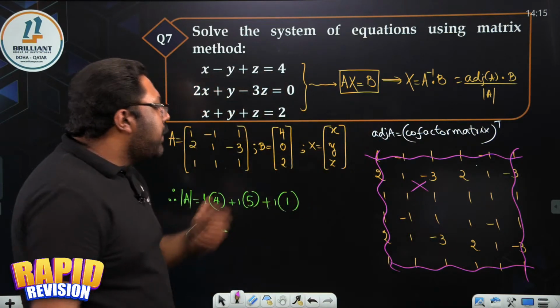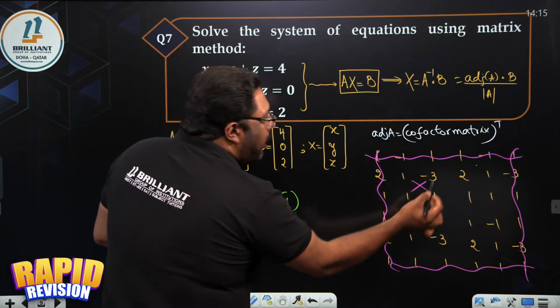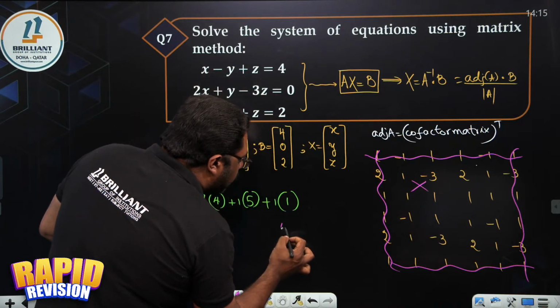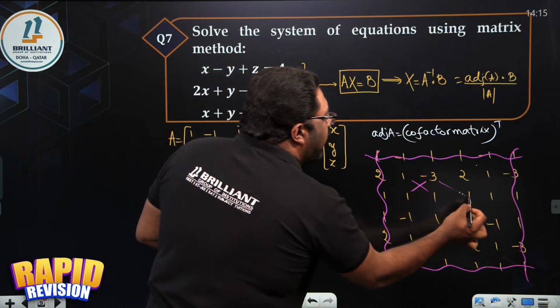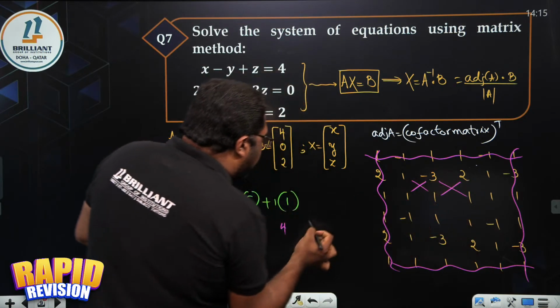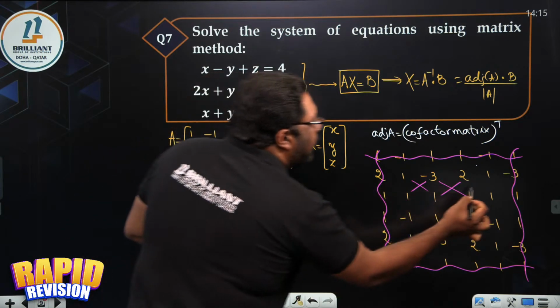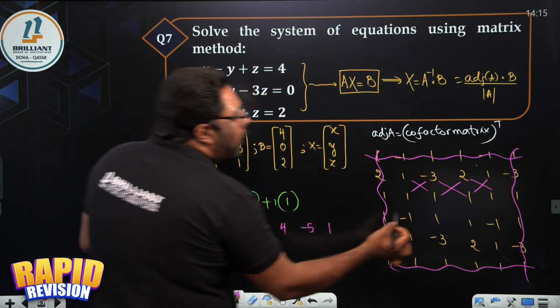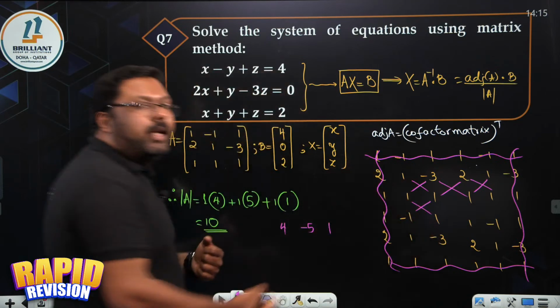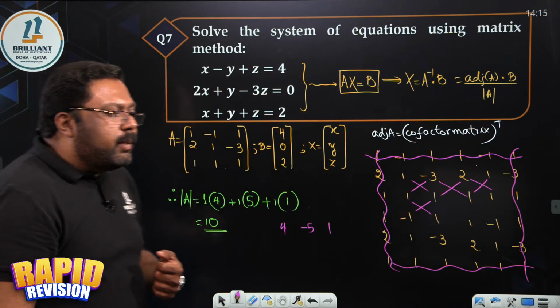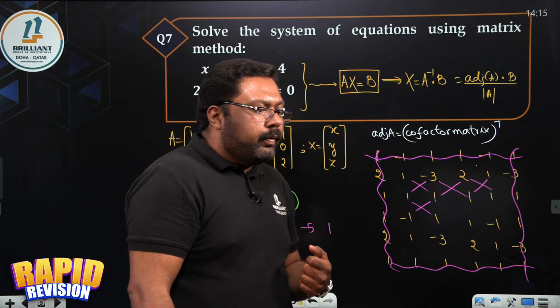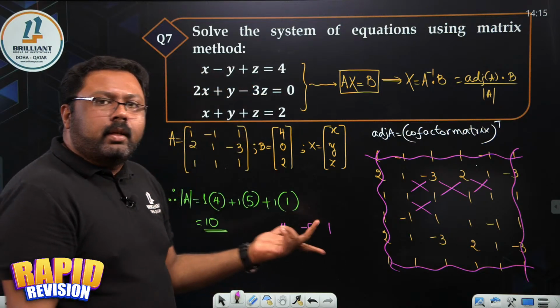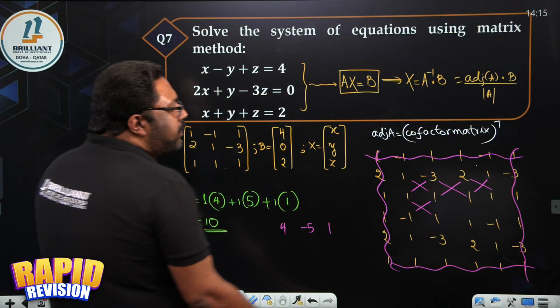The first cross multiplication will give you 1 plus 3, 4. The second cross multiplication will give you minus 3, minus 2, minus 5. The third cross multiplication will give you 2 minus 1, 1. Like you do for determinant. Simply keep cross multiplying. Yes, you can use this method, no problem.